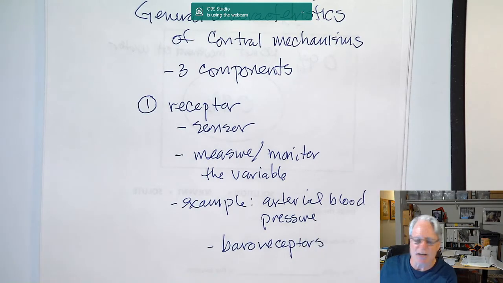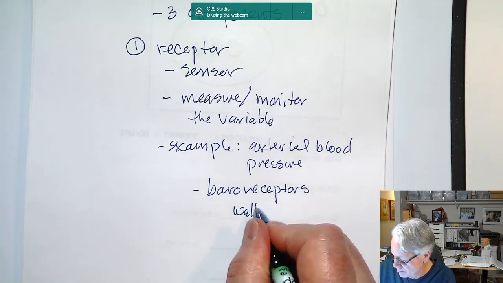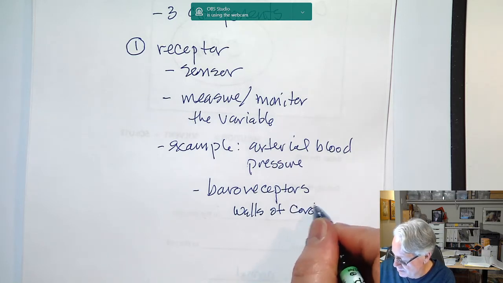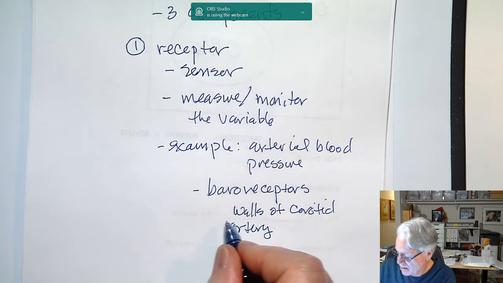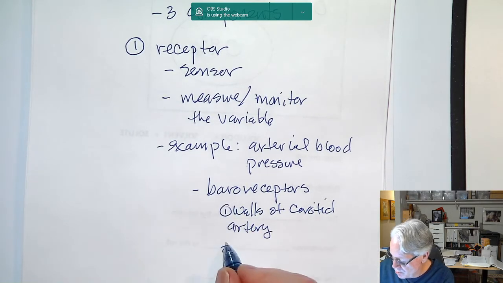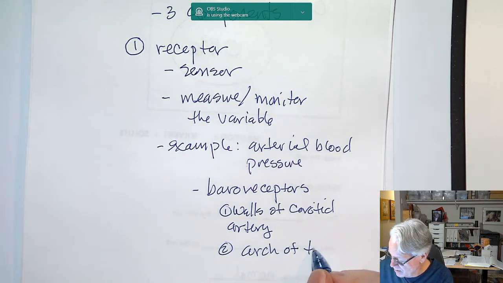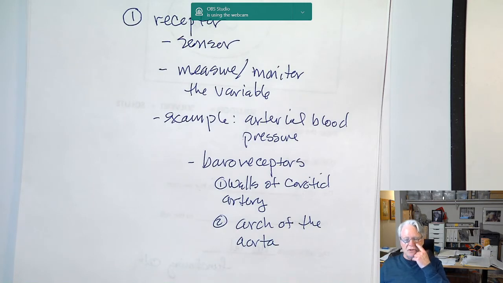And they're found in a couple of key areas in the body. They are found in the walls of the carotid artery, number one. And number two, in the arch of the aorta. Now you're going to learn about both of those vessels when you get into 40B and you do the circulatory system. But very briefly, the carotid artery is an artery that runs through the neck.